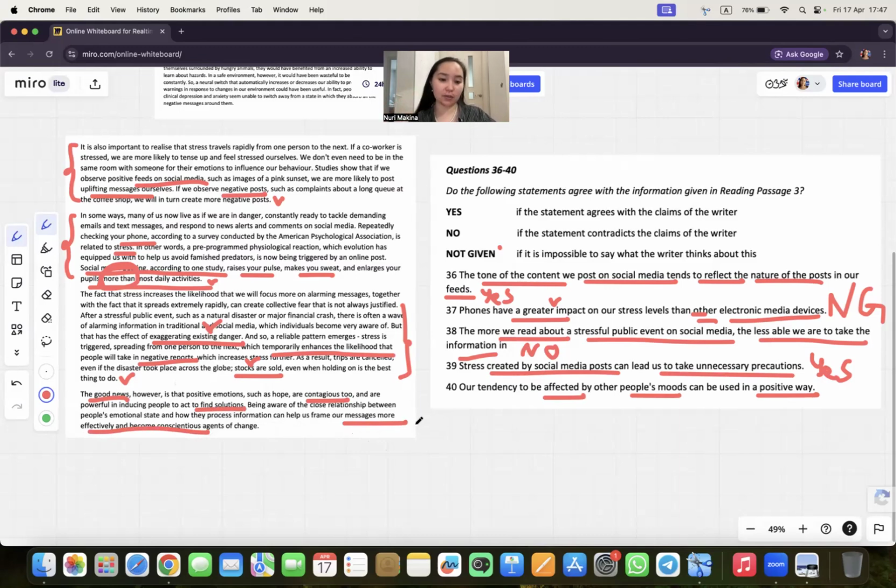Like you're going to think before posting. You're going to try to post positive things, and you have to think what kind of information you are sharing with people. So frame our messages more effectively and become conscientious agents of change. That is here, yes. So this is how you do it.